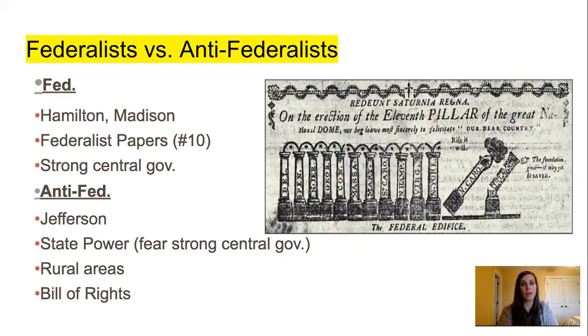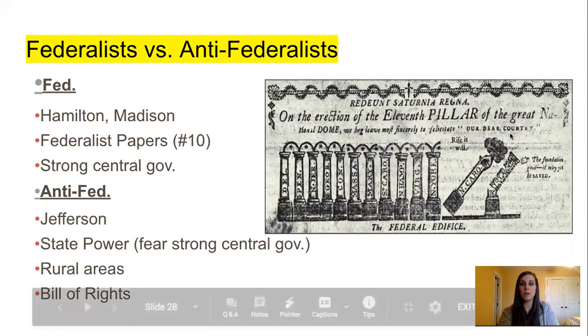They want the power to lie with the states, not with the central government. They're mainly focused in rural areas. They're going to be the ones that push for a Bill of Rights, those first 10 amendments to be added, in order to ensure that the rights of the people are being upheld and not overshadowed by the strong central government.